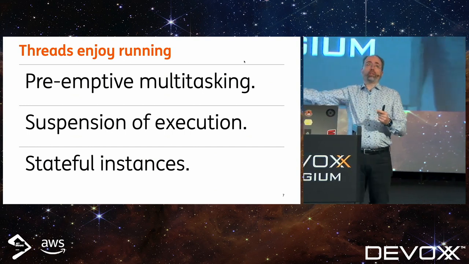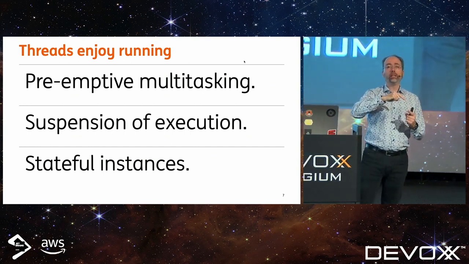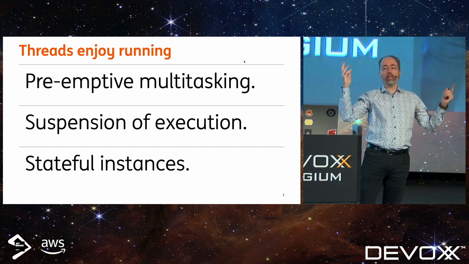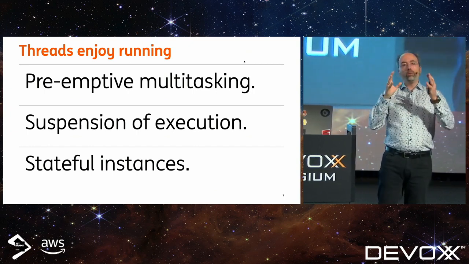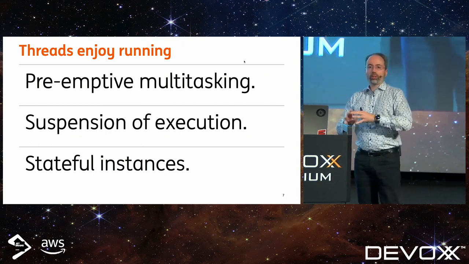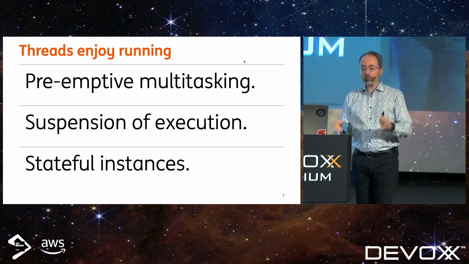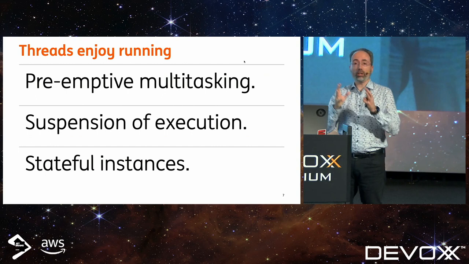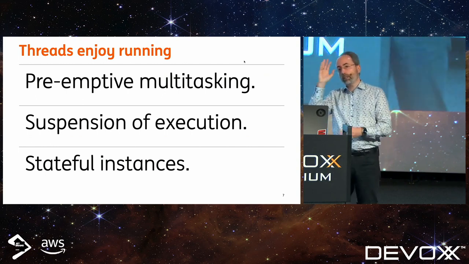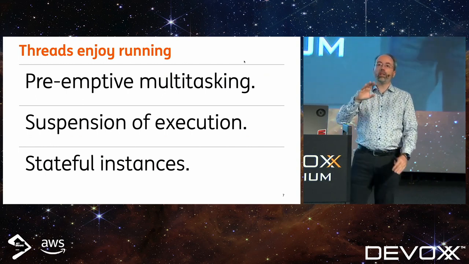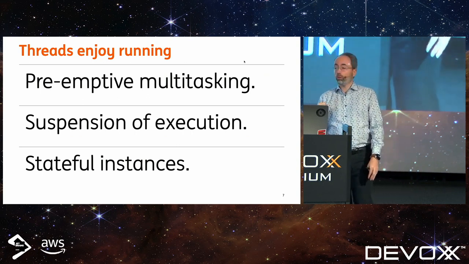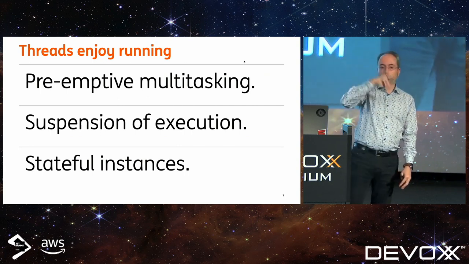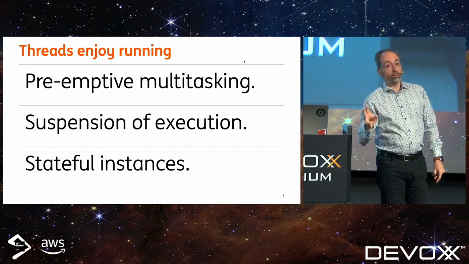And of course, if we want to resume the first one, where's the data? All of this state needs to be saved and restored somehow. Threads are stateful instances. And let's not get started on higher level stuff like call stacks or program variables, whatever.